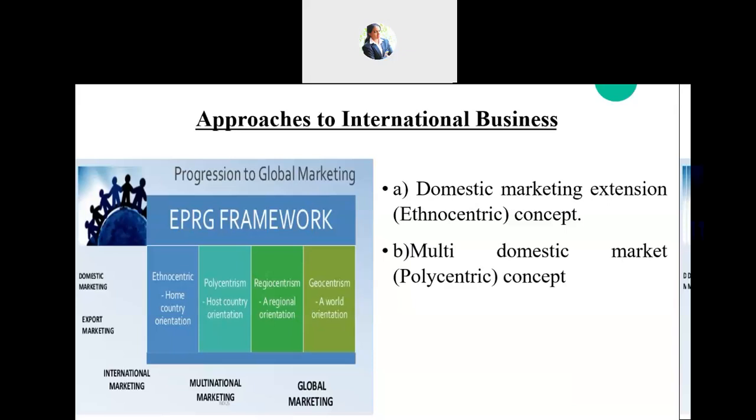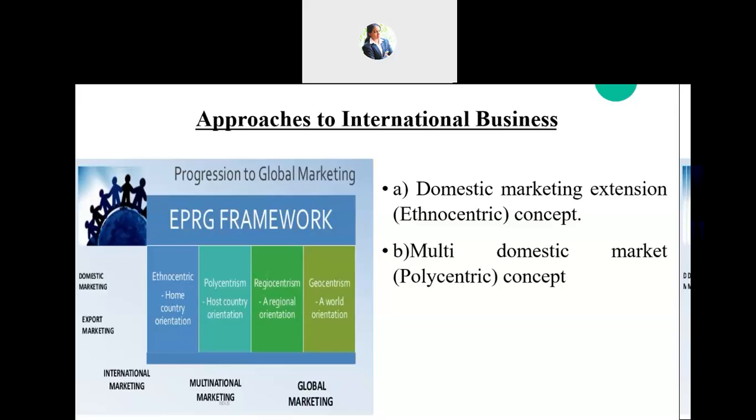Now, this approach is less expensive as compared to the ethnocentric concept, because there it is centralization, and when it is centralization, all the decisions and all the control would be with the headquarters. So, because of that, the communication would be very high, which will definitely prove to be expensive.